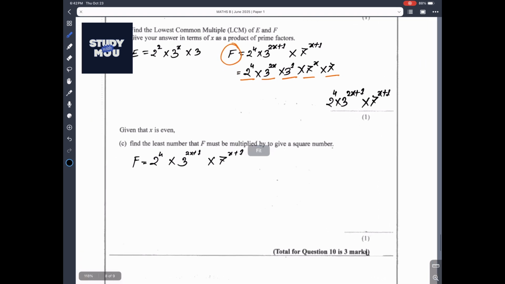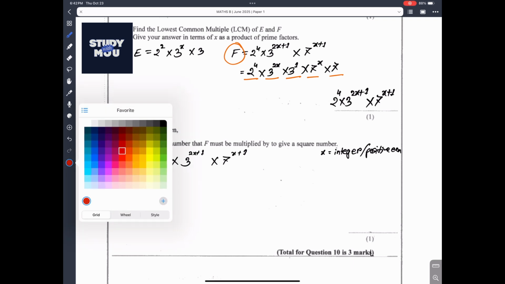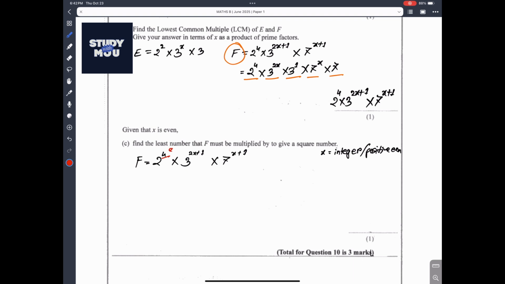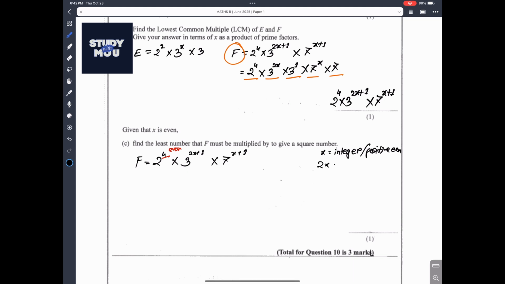Let x be a positive even number. So if x is a positive even number, this 2 to the power 4 is basically an even power, and 2x is also an even number.